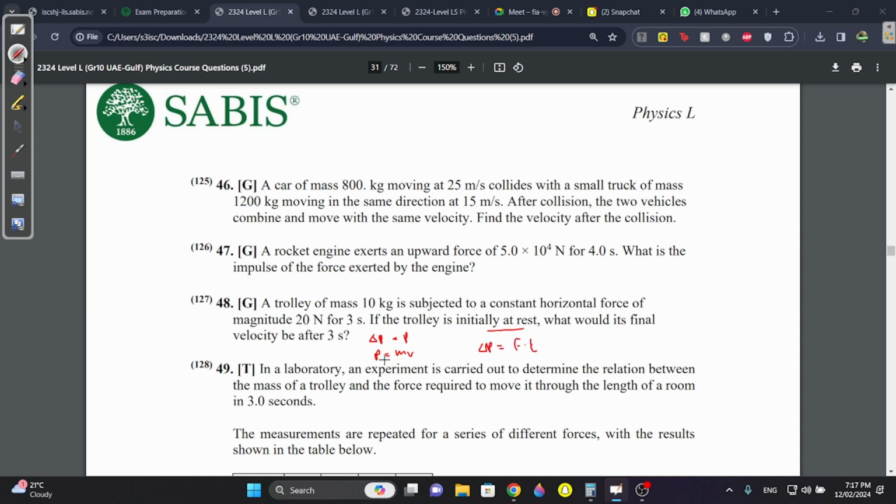So P is mv, which in this case is 10 times the velocity, which we don't know, equal to Ft, which is 20 times 3. This question, I think, was also in the quiz. So it will be 10v equals 60, and you get v equals 6.0 meters per second. Yeah, it was in the quiz.